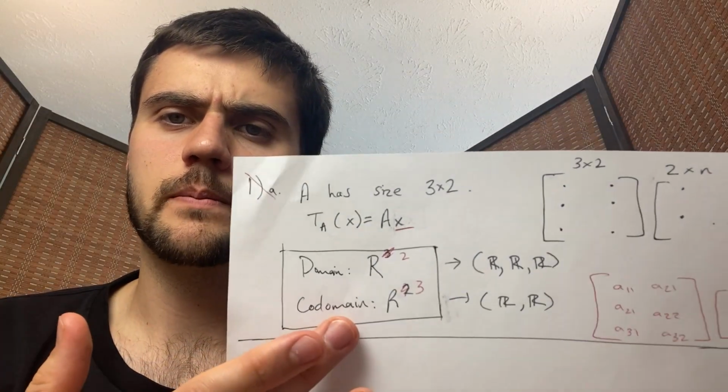And then the codomain would be R3. Why is that? Because 3 by 2 times 2 by 1 is going to lead to a 3 by 1.